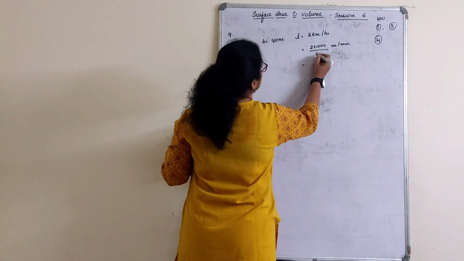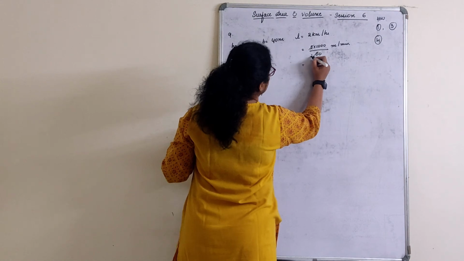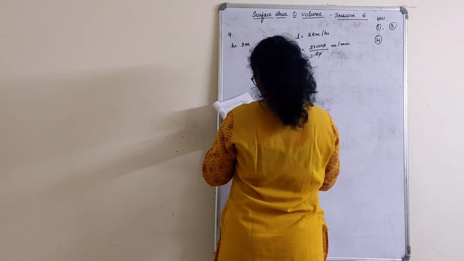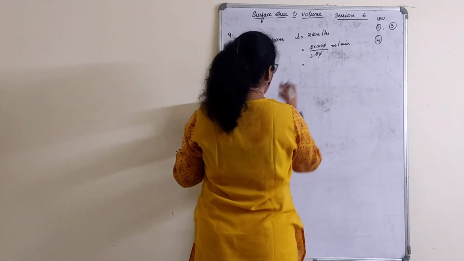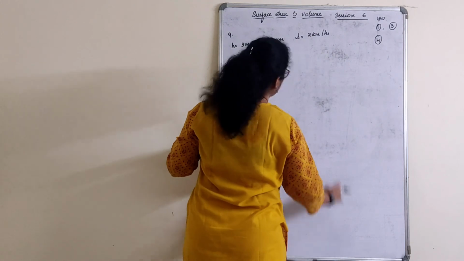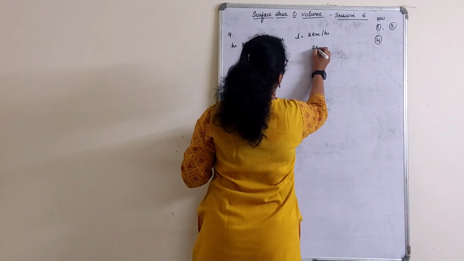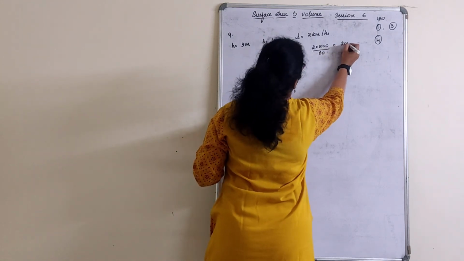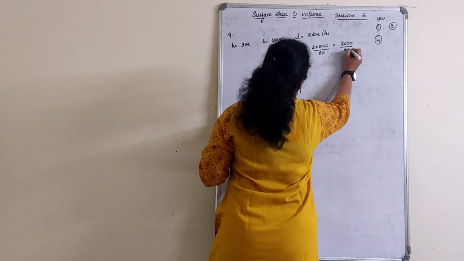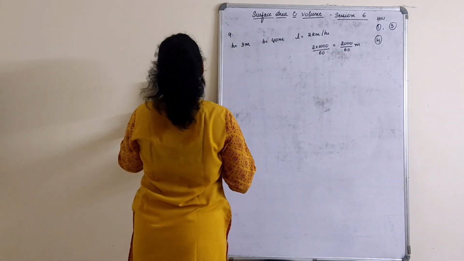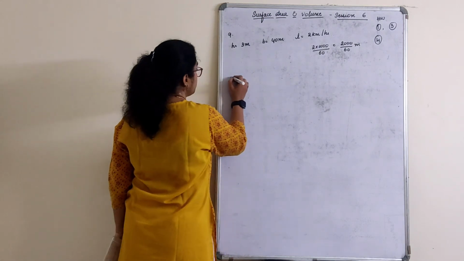So we keep it as it is. Later we will do the calculation part. So this is 2 into 1000 divided by 60, 2000 by 60 meters. What we have to find? How much water will fall into the sea?